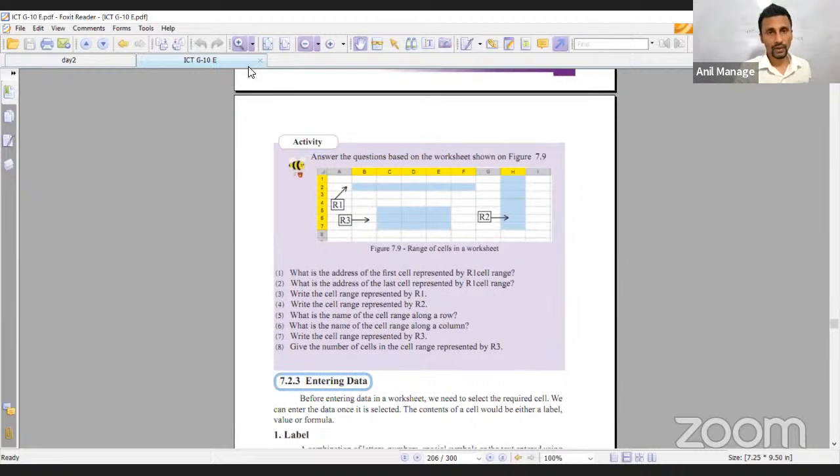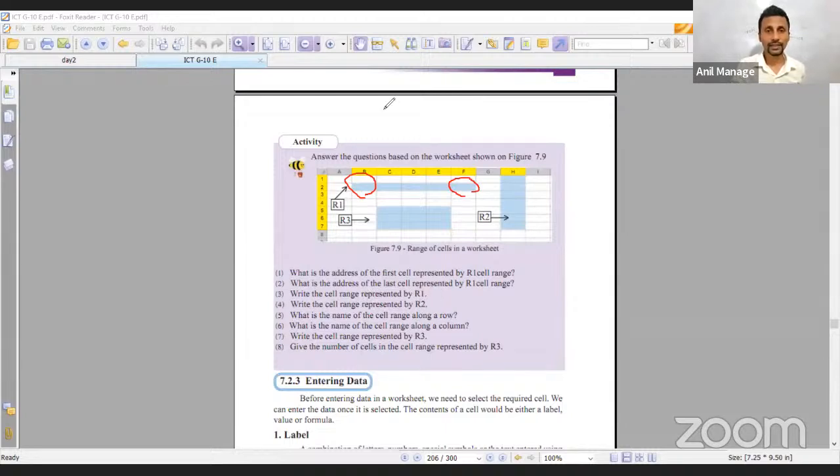Maybe you have done this stuff in school. Here it asks about different cell ranges in the highlighted area. What is the address of the first cell represented by R1? The first cell is B2. What is the address of the last cell represented by R1? This is F2.